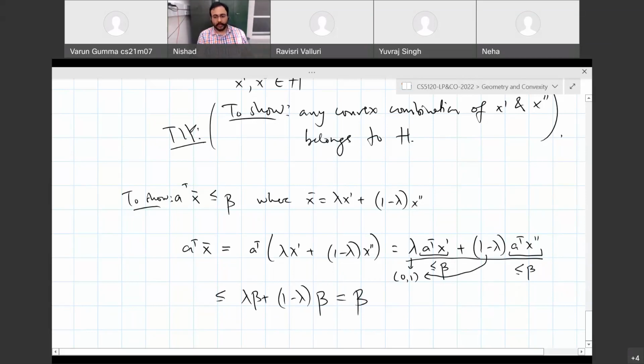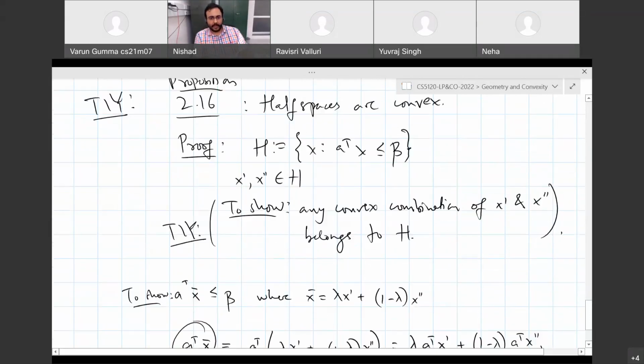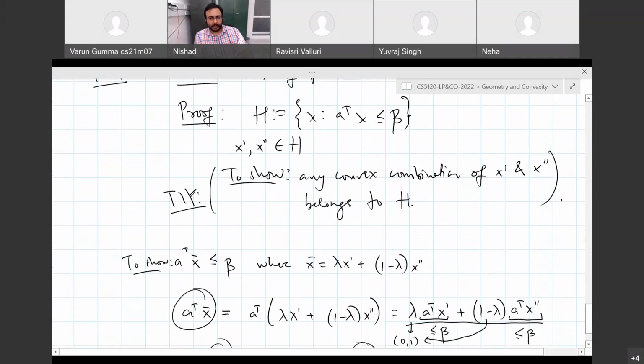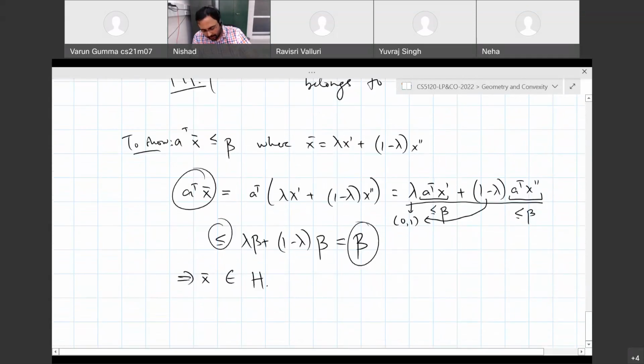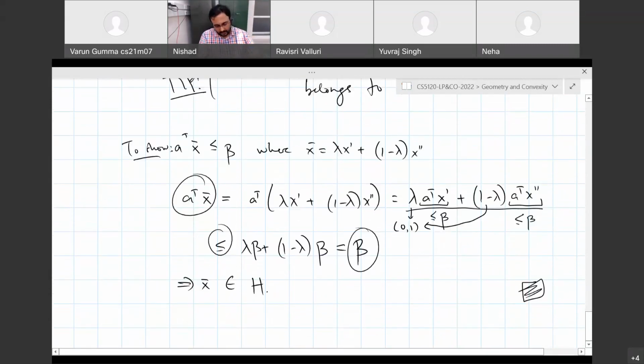Okay, so we are using a few things as we would expect to, and that is our proof. So this implies that x bar indeed satisfies the linear inequality we care about, and therefore it belongs to the half space. So we have shown that for any 2 points in the half space, any convex combination belongs to the half space, and that completes our proof. Okay, so half spaces are indeed convex.